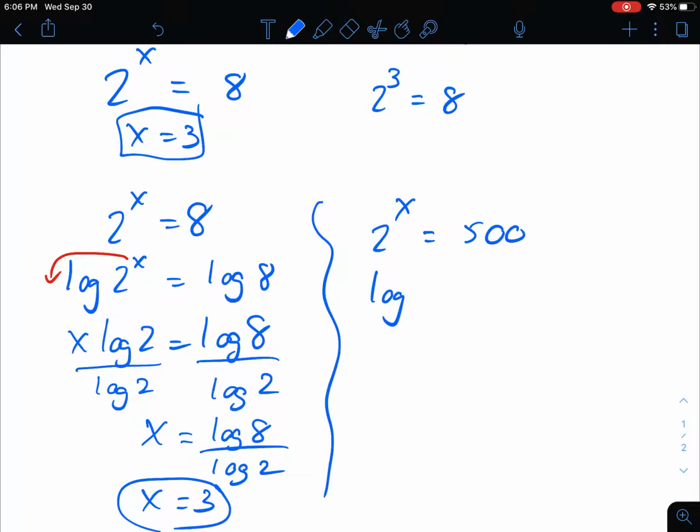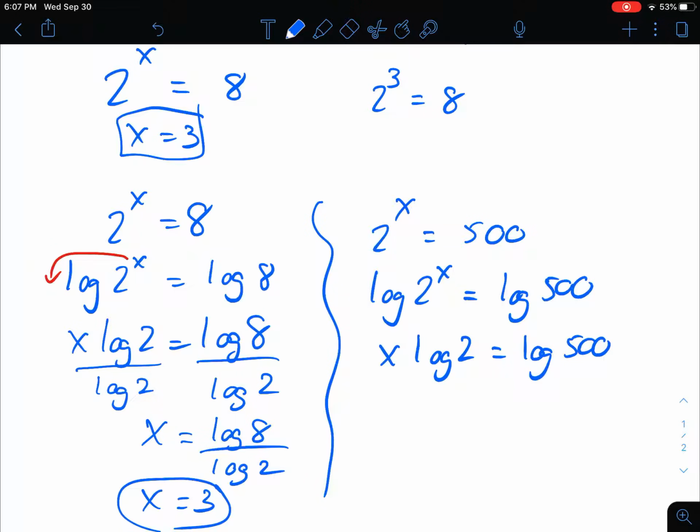So I go log 2^x equals log 500. And the next line, I would bring that exponent x down, and it becomes x log 2 equals log 500. And the next thing I can do is divide both sides by the log 2.